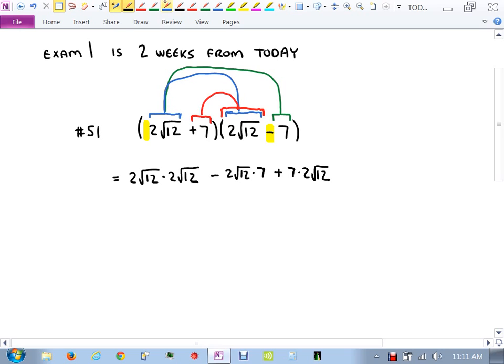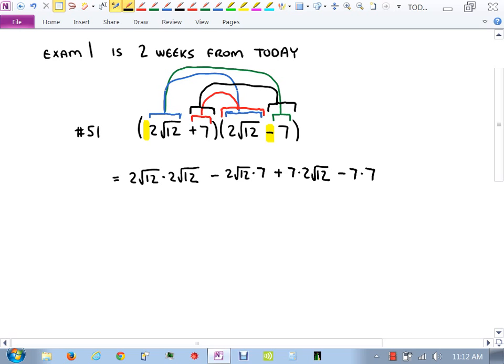And then my last multiplication is going to be the positive 7 times the what? Negative 7. Right? Positive times negative is negative. So it's negative 7 times 7, which is 49. Does that help clarify where your signs come from?